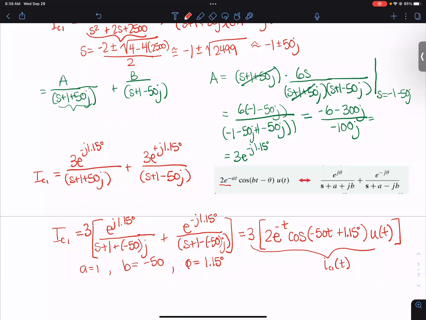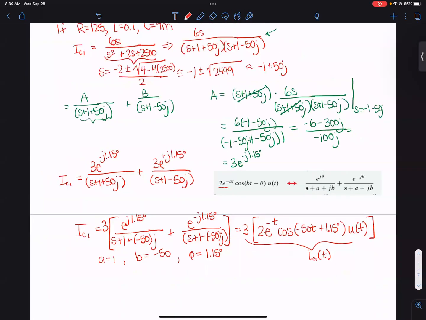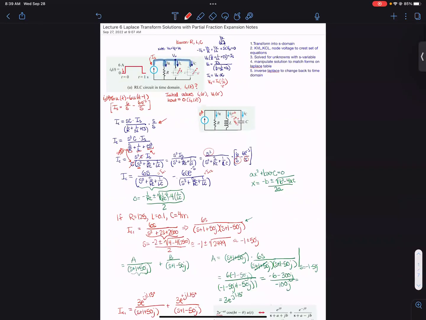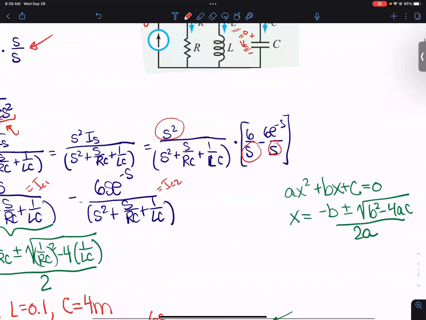All right, so now we need to do the same thing for IC2. So IC2 was this component.